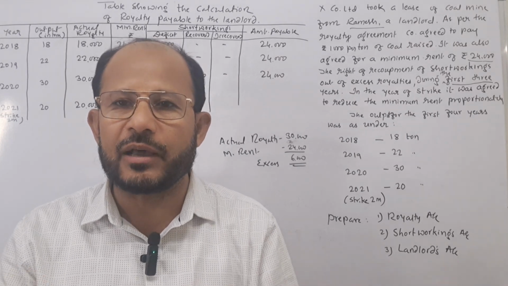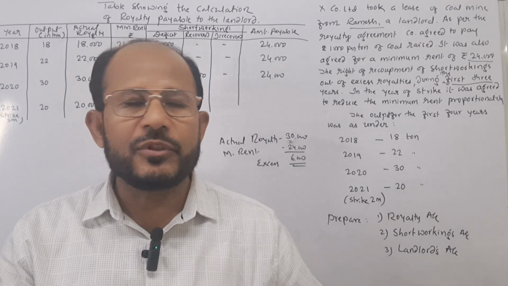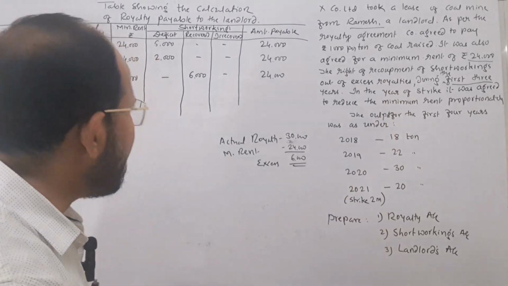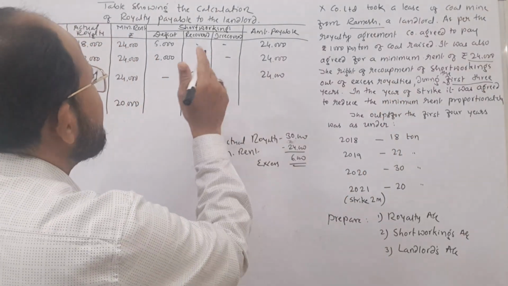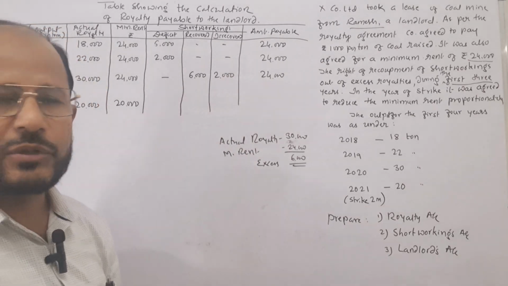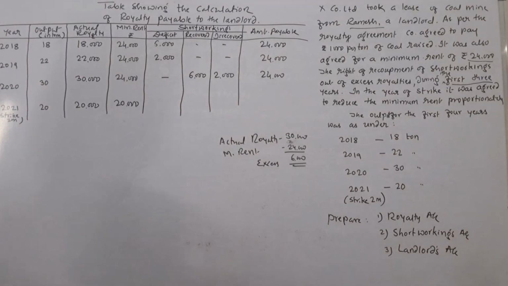Only 6,000 was recovered and rupees 2,000 remained irrecoverable. That is nothing but a loss to the company. Hence, this rupees 2,000 is to be shown in the irrecovery column. Now, the amount payable to the landlord comes to rupees 24,000.